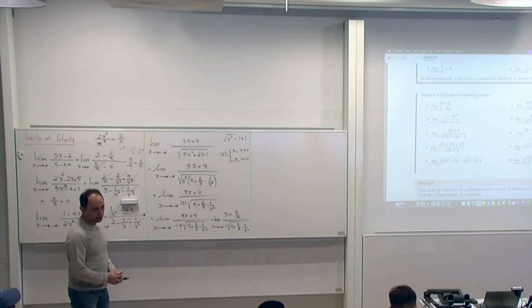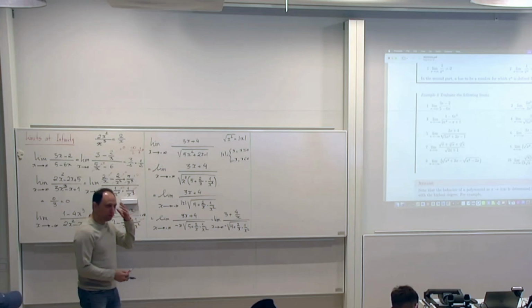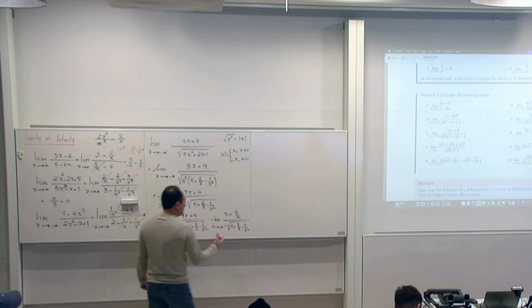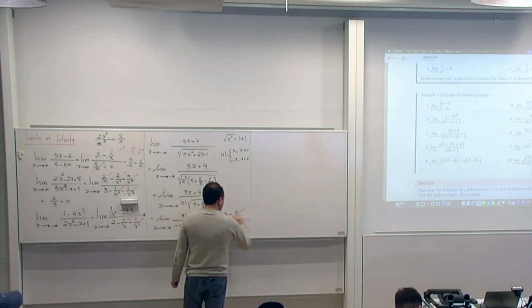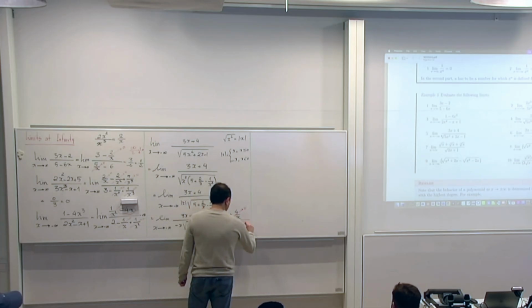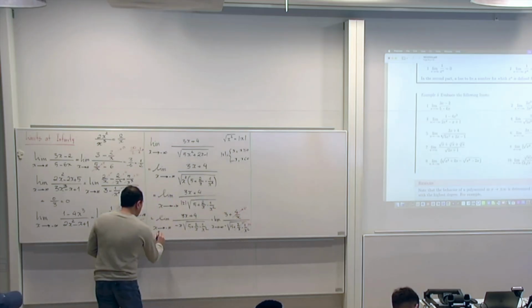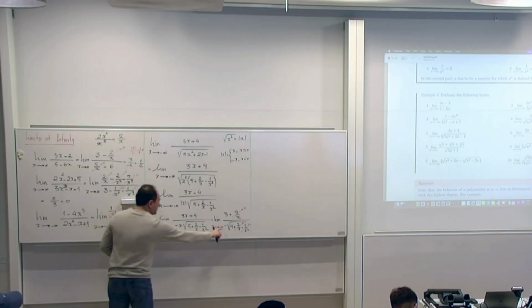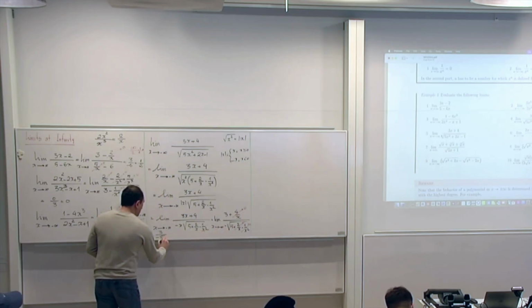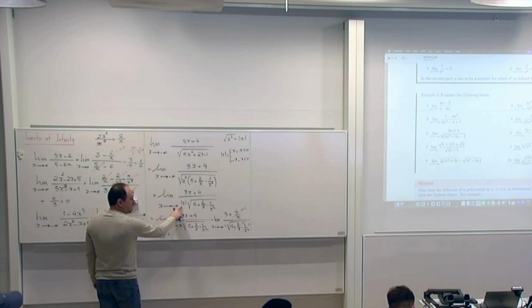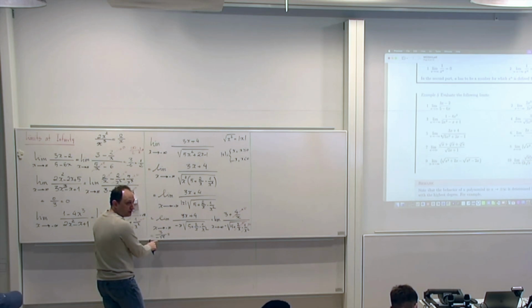Is that clear? So that's also one type of problem you should have in mind. And then of course you know what to do now, yes? Because this one is 0, this one is 0, this one is 0. So what is left for me? A 3 is left on the top, and minus the square root of 5 is left here. So if you didn't pay attention to the absolute value, the answer you might get is 3 over the square root of 5, which is wrong for this case.